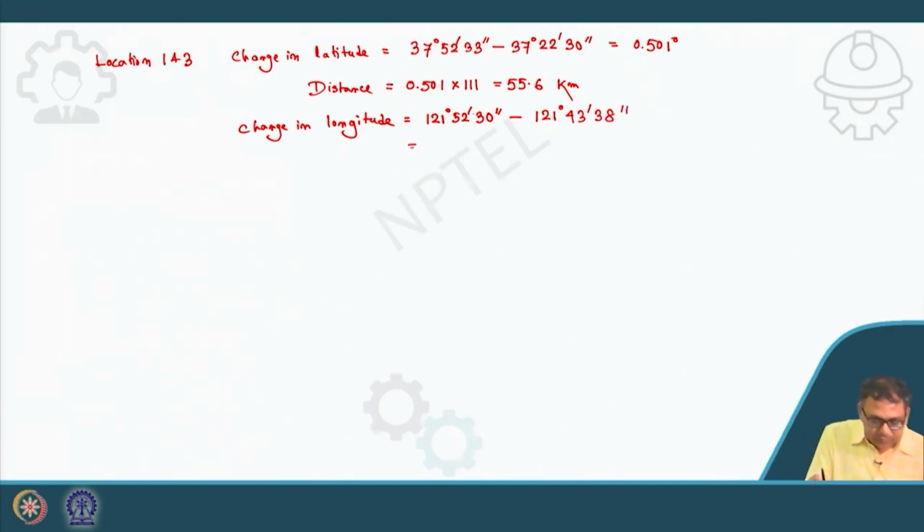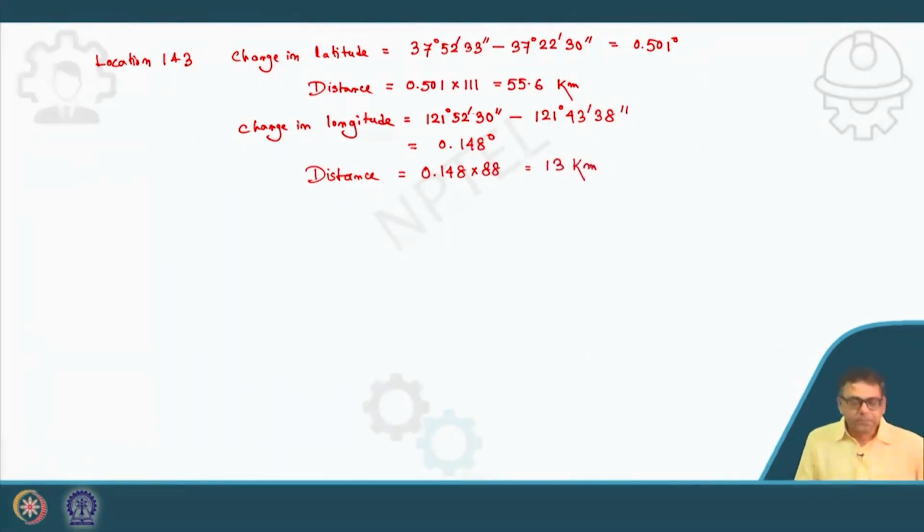So it will be 0.148 degree. So distance covered will be 0.148 into 88. So it is approximately 13 kilometer.